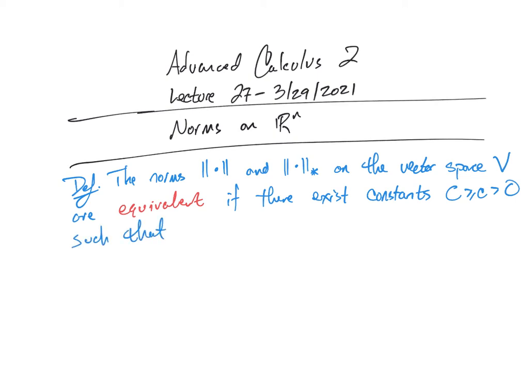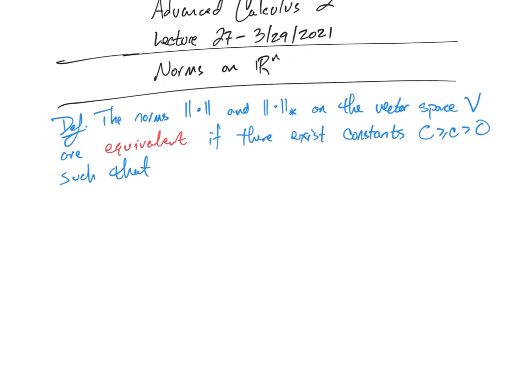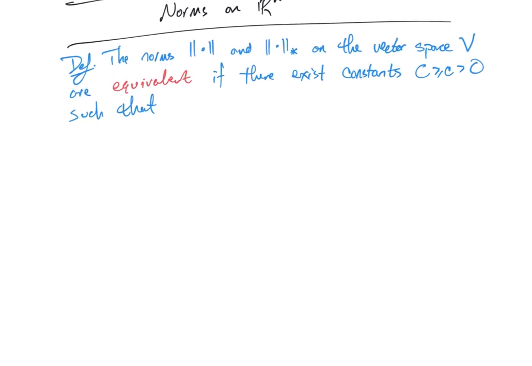Now, equivalent norms don't have to be the same, but they have to be the same up to a constant. So the star norm is sandwiched between a constant times the non-star norm and another constant times the non-star norm.